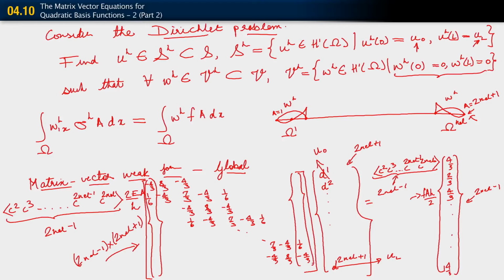Since D1 and D2NEL plus 1 are known, because U0 and UL are given to us, we are going to move those two columns that I've marked over to the right-hand side, just as we did in the case of the Dirichlet-Neumann problem, except that in the Dirichlet-Neumann problem, we did that only to this column. Let's go ahead and do this now.